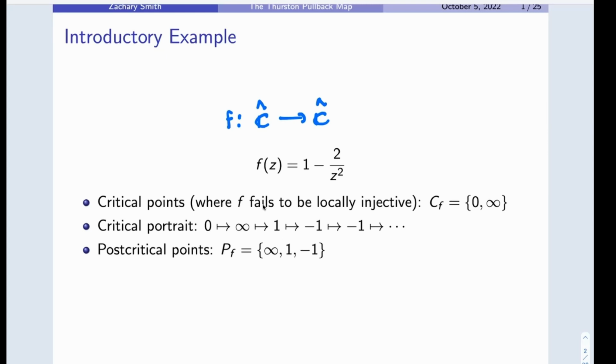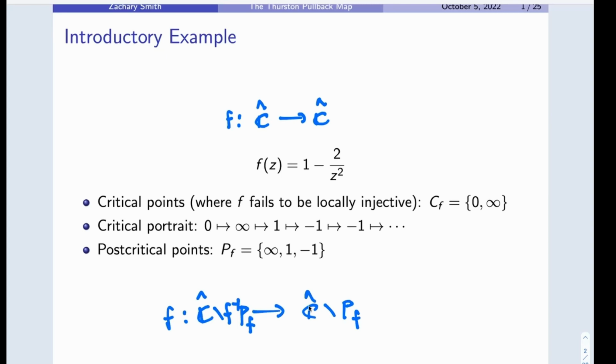Now the main property that I'm interested in for the moment is the fact that if I look at this map F, and I delete on this side the postcritical set and on this side the preimage of the postcritical set, F inverse of P_F, then this is going to be a covering map.